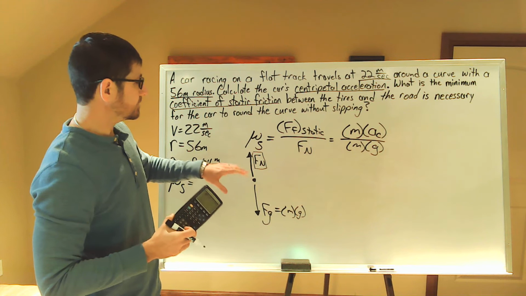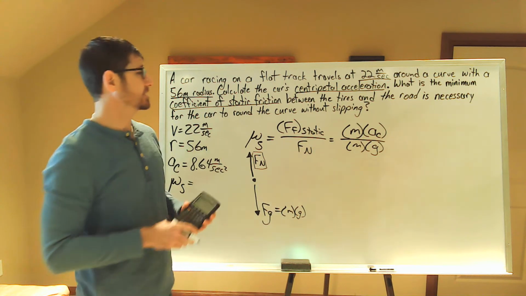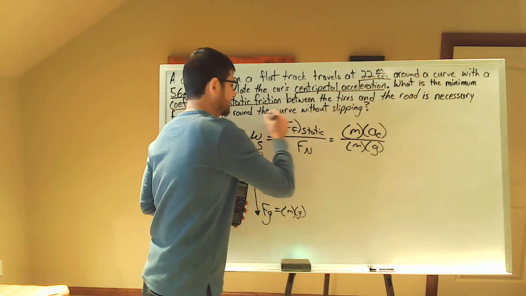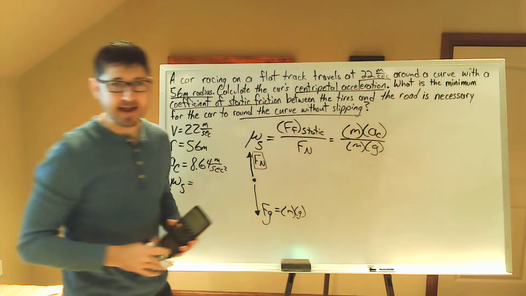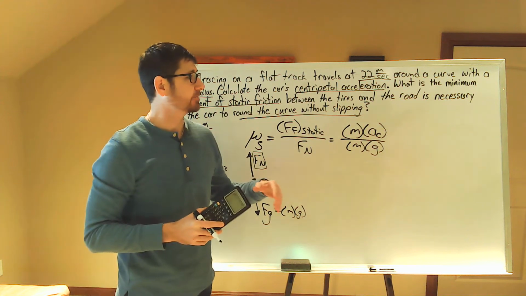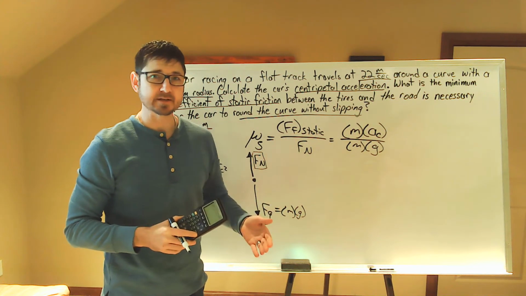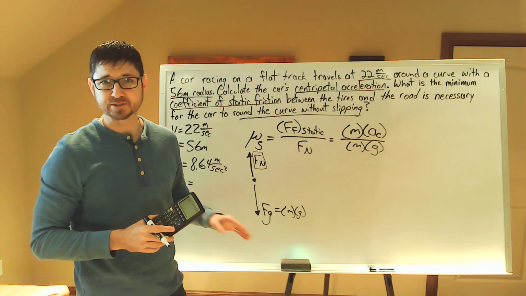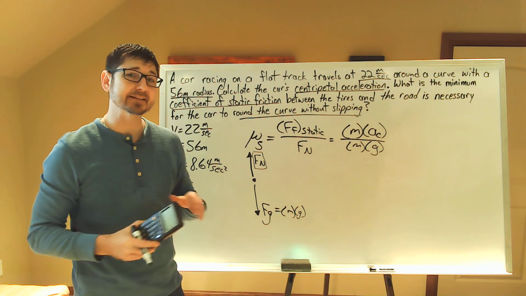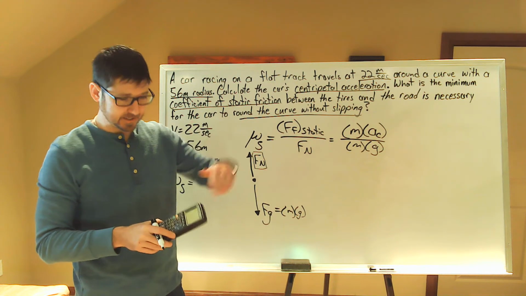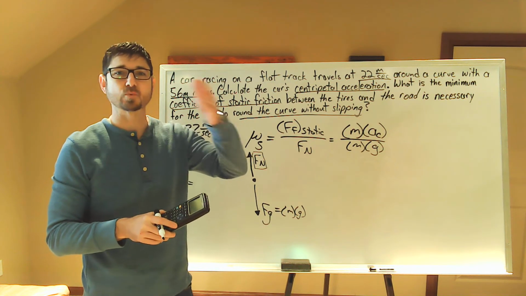Now, one thing I want to point out in this problem is it kind of gives us a hint: going around the curve without slipping. When you have friction between a rolling tire and the road, this is static friction force. It's not kinetic, because when that object rolls, it just touches the ground and then rolls away from it.